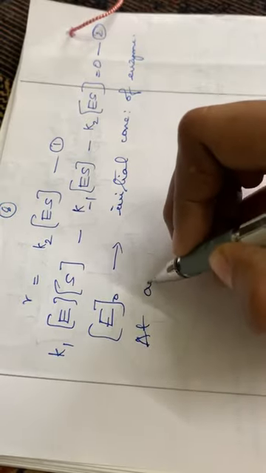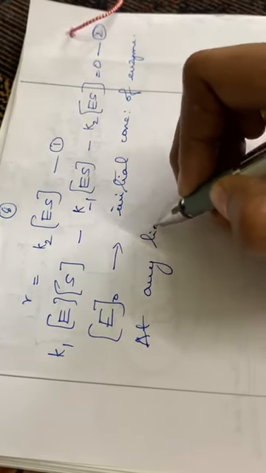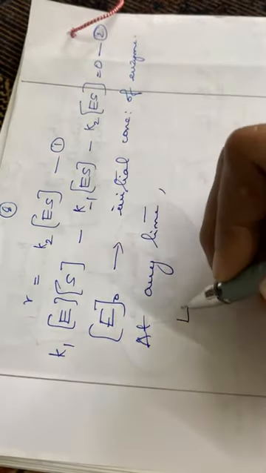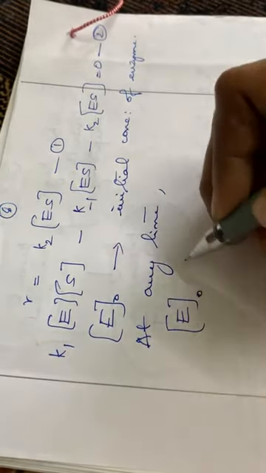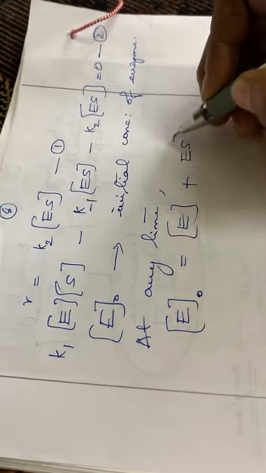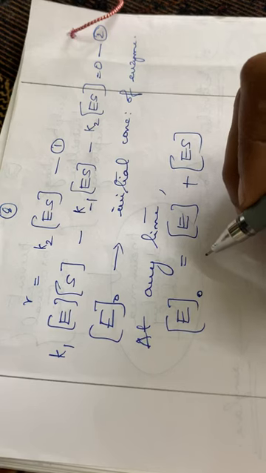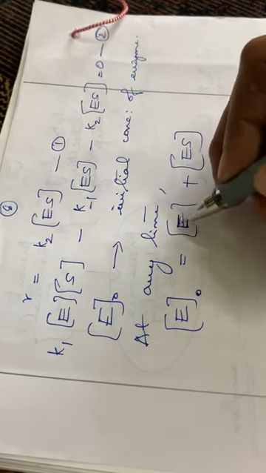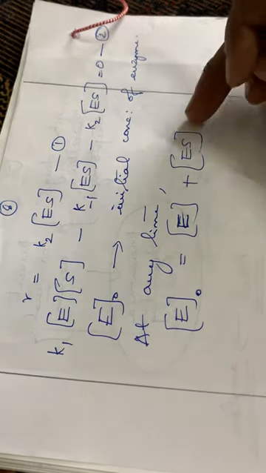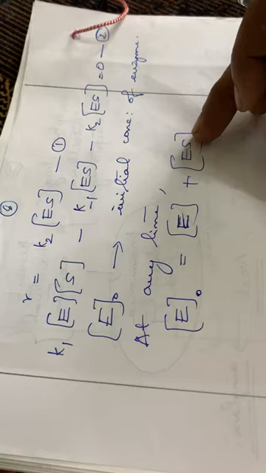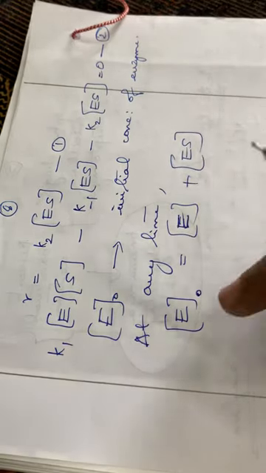And also at any time we can write this equation: E0 will be equal to concentration of E plus concentration of ES. At any time it will be equal to the sum of the concentration of E and ES, that is, the enzyme substrate complex and also the enzyme alone. So that will give the initial concentration of the enzyme.